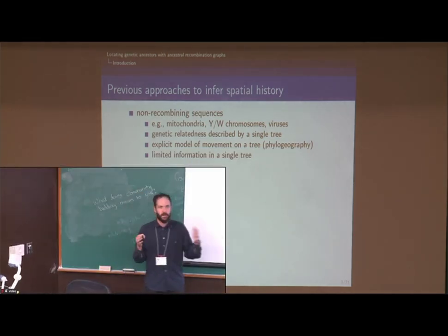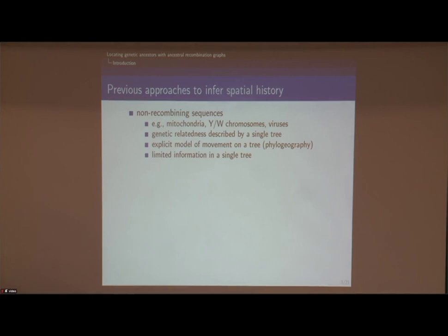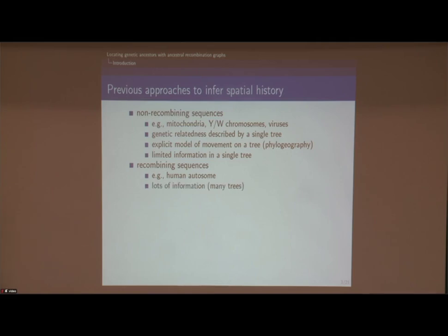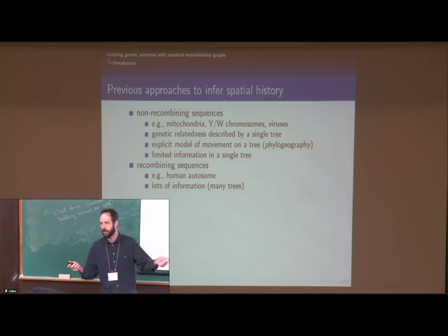But of course, if you have a single tree, you have limited information. There's not a ton of information in a single tree, especially as we move backwards in time. There's a lot of uncertainty there. So the other thing we can do is think about recombining sequences, like a human autosome. There's lots of information because recombination has chopped that up into many separate trees that all have unique spatial histories.